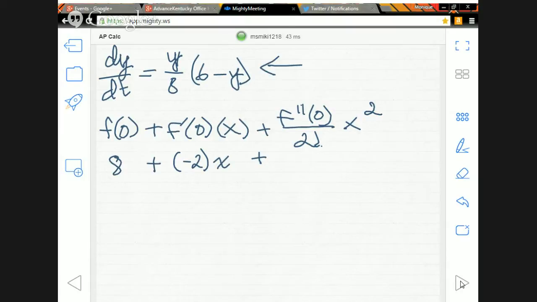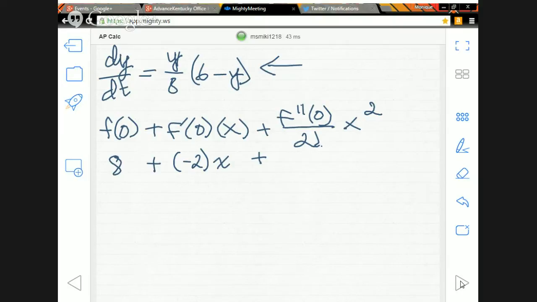For the second derivative, which they didn't give me, I'm going to have to use implicit differentiation. So for the AB students out here, I'm going to go through the implicit differentiation because that's applicable to you too. You too need to know how to do implicit differentiation.